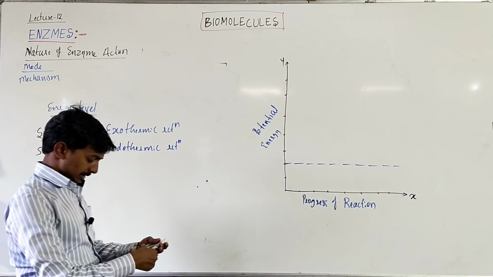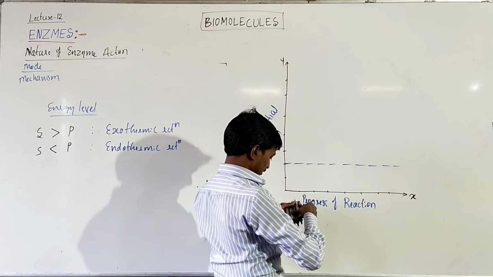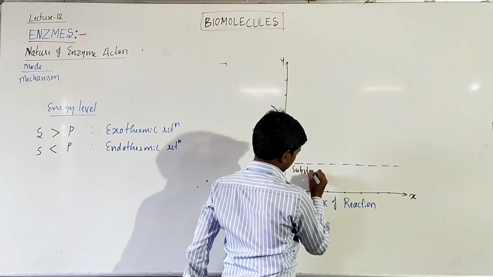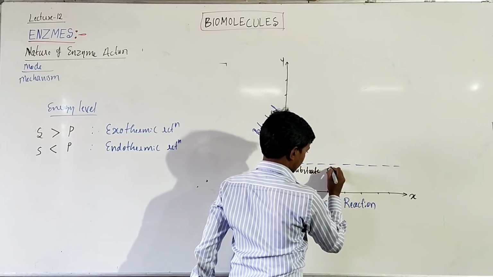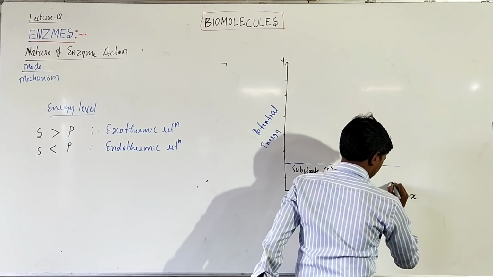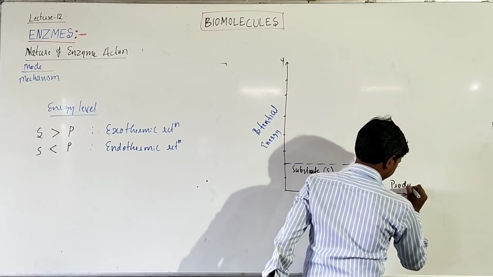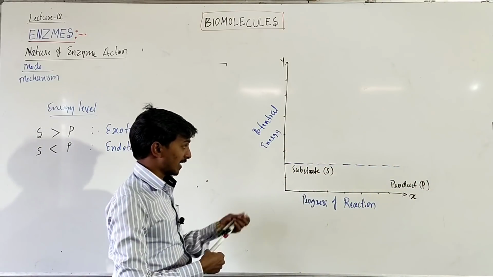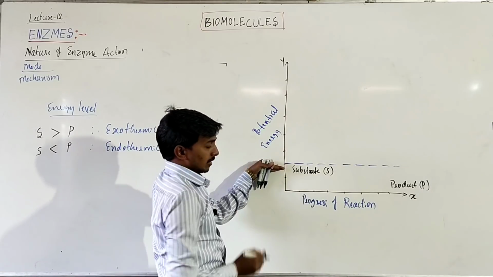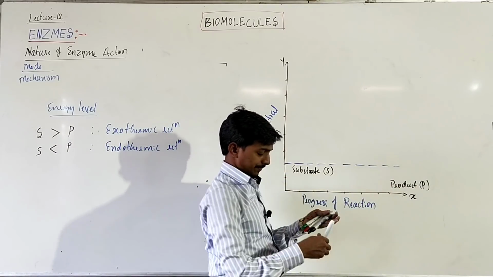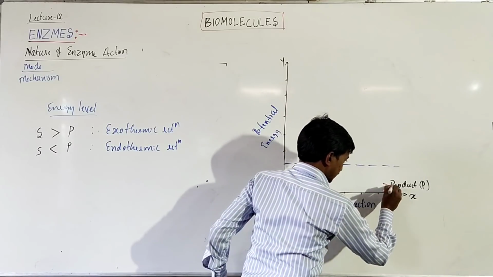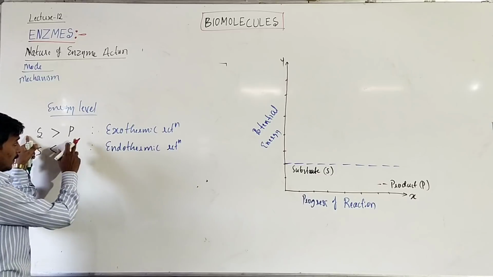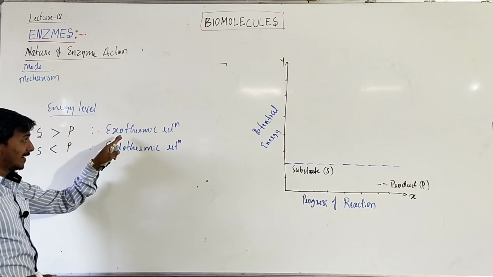So now we have this is the substrate, we will label it as S. This is our product. Okay, substrate has more energy, product has less energy. The reaction is exothermic.